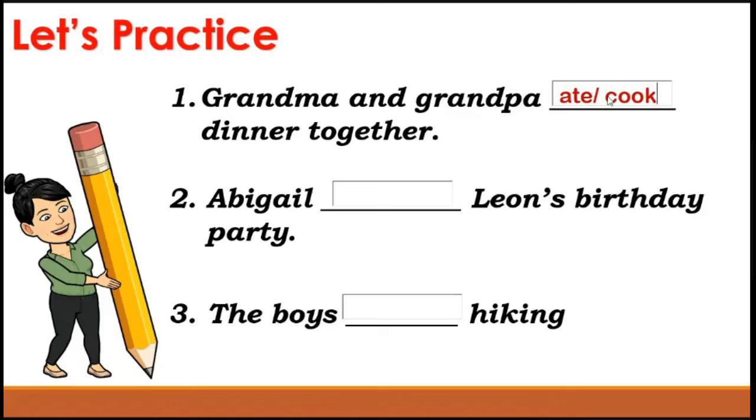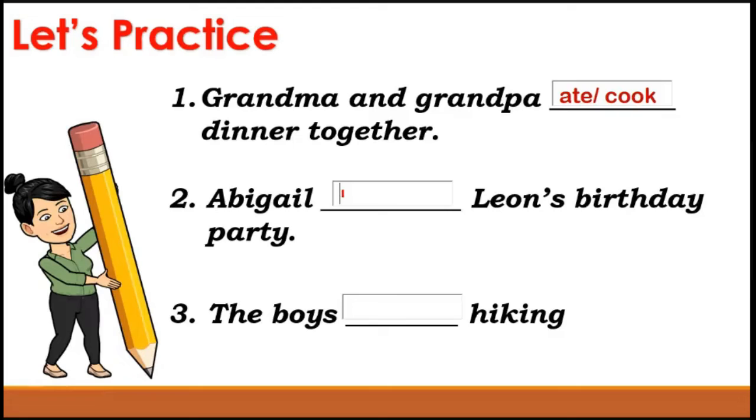So, ang bottom line lang is that we use yung simple form of the verb. Hindi tayo gagamit ng S form. So, yung past tense naman, tama din yung sinagot niya kasi it is also possible na ate ang ginawa nung lolo at lola. Diba po? Okay, next. Let's go to sentence number 2.